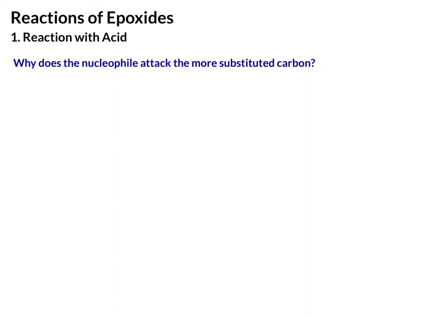So a question you might be asking yourself is, why does the nucleophile attack the more substituted carbon? Usually for steric reasons, nucleophiles prefer to add to the less hindered side. But this is a little different because we have a protonated species. So let me draw it back out for you. And we're going to make a comparison here.